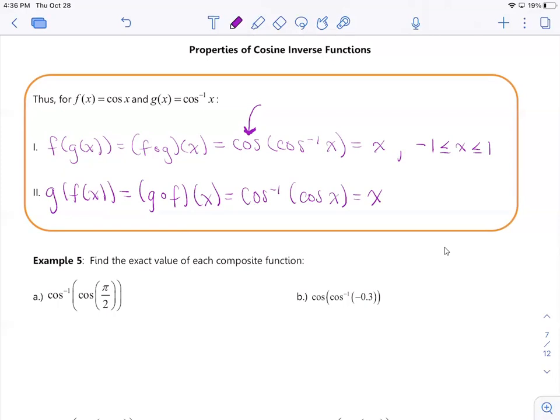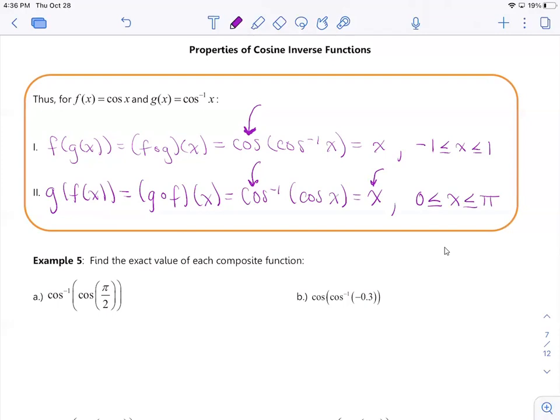And this is where you ask yourself, okay, my outside function is the inverse, so at the very end, this thing should be an angle. But remember, we had to restrict our domain for the inverse function from 0 to pi.